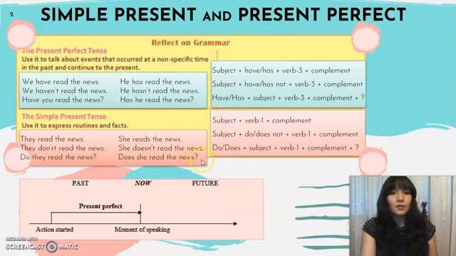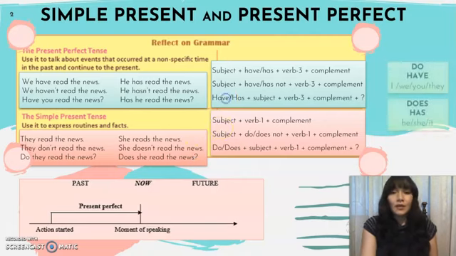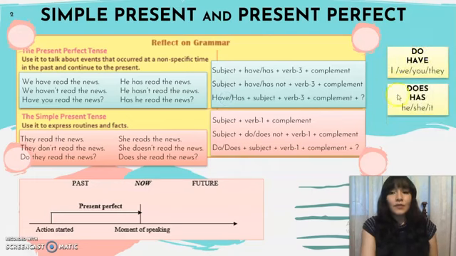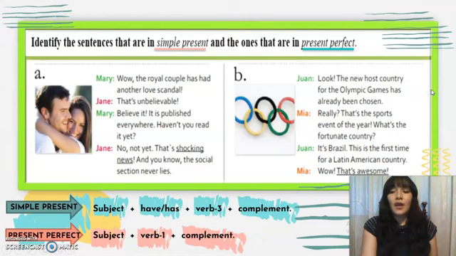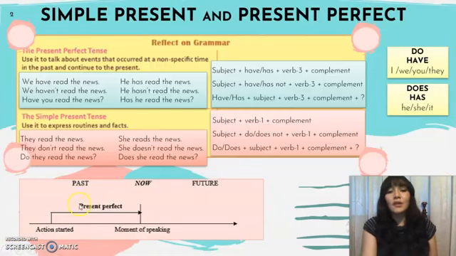And finally, the question mark. So, before we continue, let's remember the different forms in which we can correctly use these auxiliary verbs. We use do and have for I, we, you, and they, and we use does or has for he, she, and it.